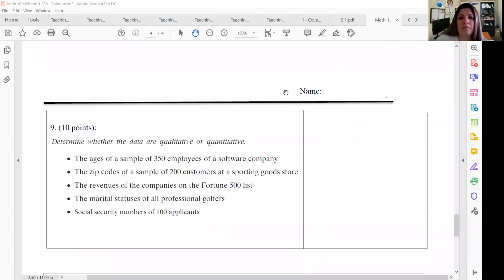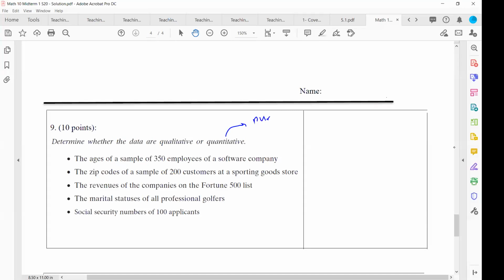Let us move on to question 9. Which one is quantitative? Which one is qualitative? So remember that quantitative, quantity, numerical, it means that you can do algebra. You have meaningful algebraic operation on your data.